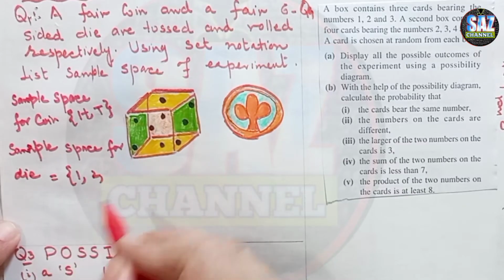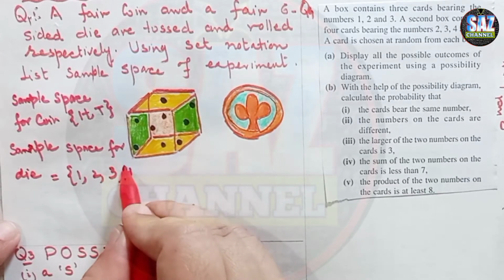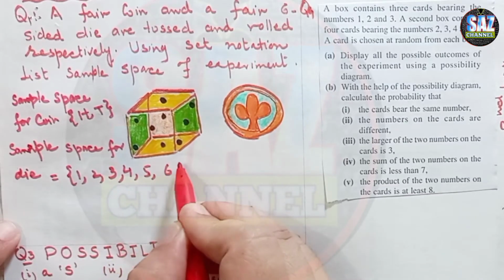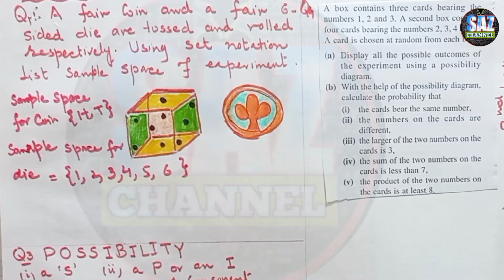Now we have to write down the combined sample space.